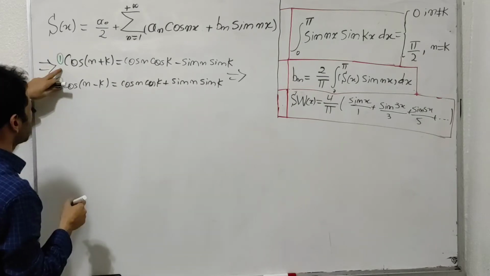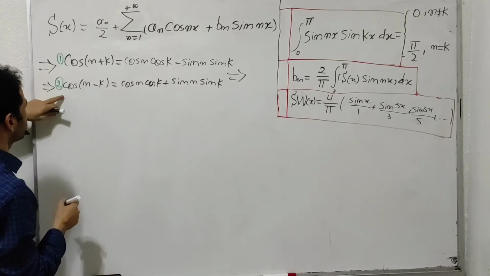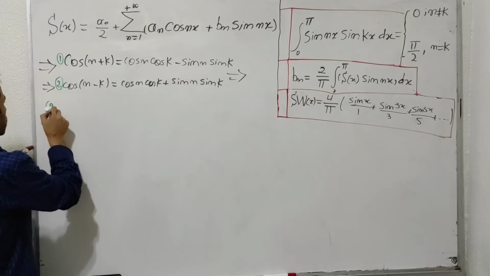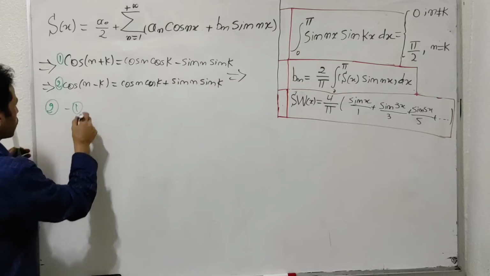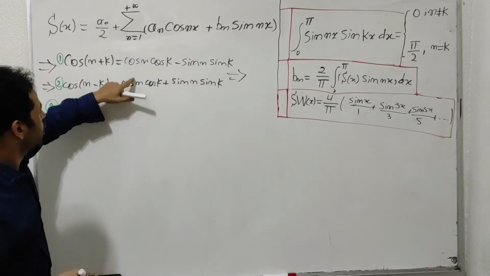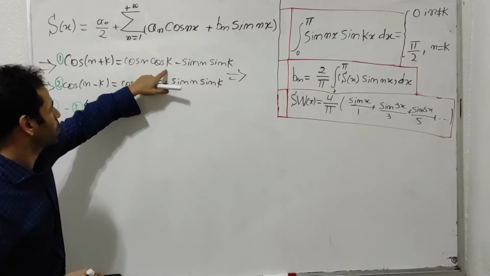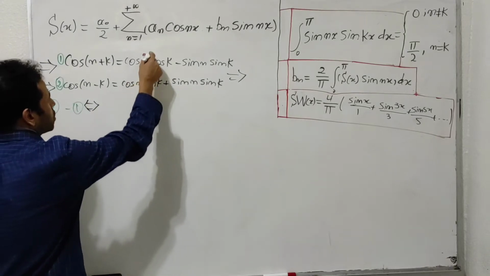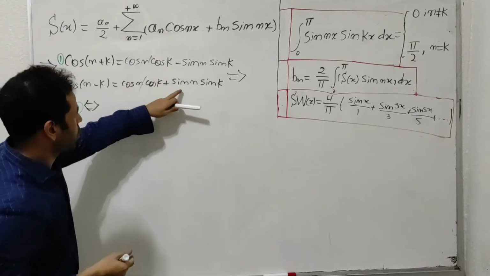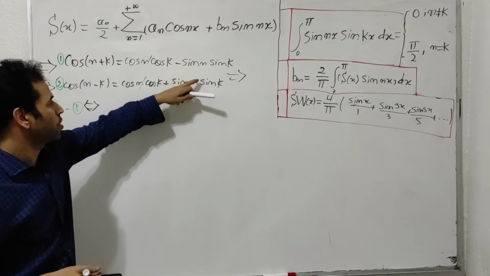I'm going to subtract equation number 1 from equation number 2. I will have 2 minus 1. Cosine n multiplied by cosine k will be cancelled out because one is positive, the other one is negative, and the last term will be added to the other one.